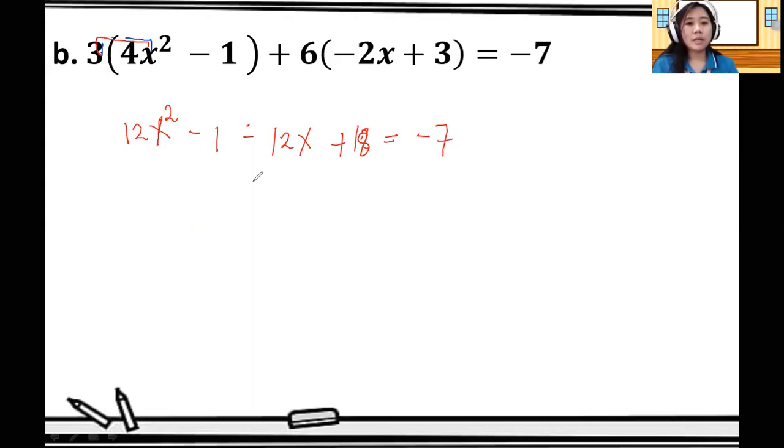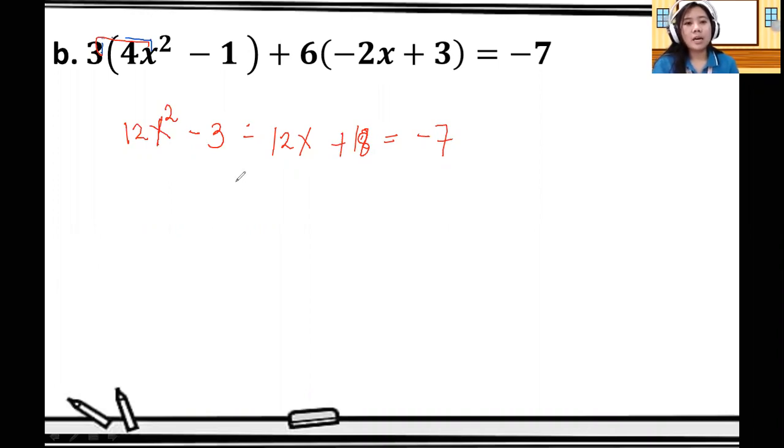Wait lang po ha. 12x squared minus 3. Okay, so nagkamali ako dito. Erase natin to. Because 3 times negative 1 is negative 3. Sorry for the mistake, class. So, 6 times negative 2x is negative 12x. Okay, good. 6 times 3 is 18.